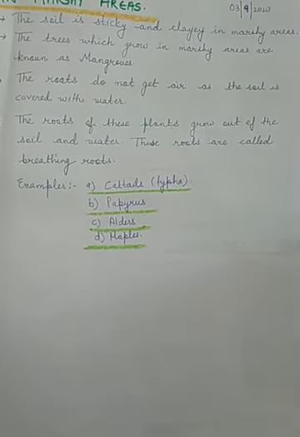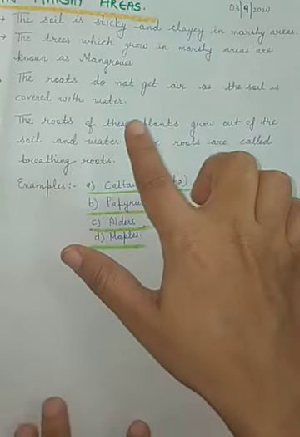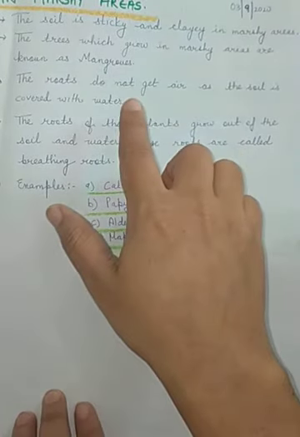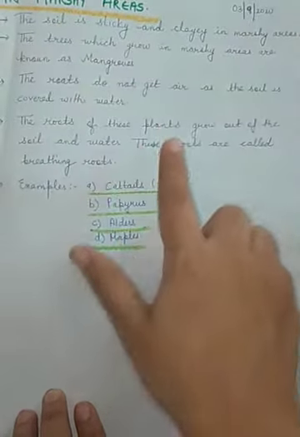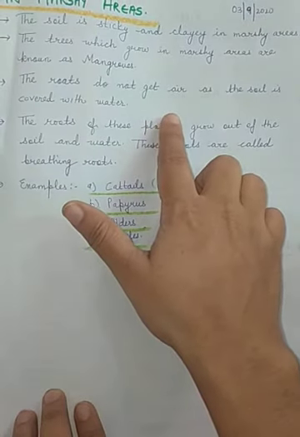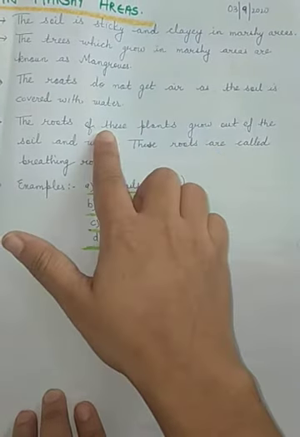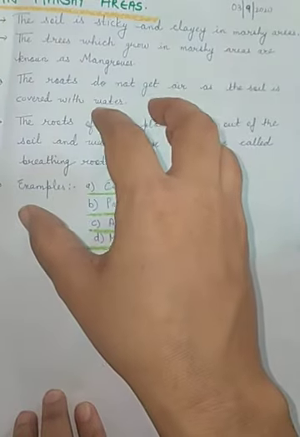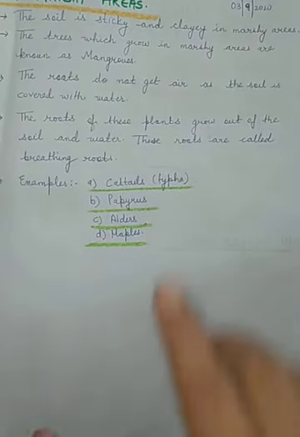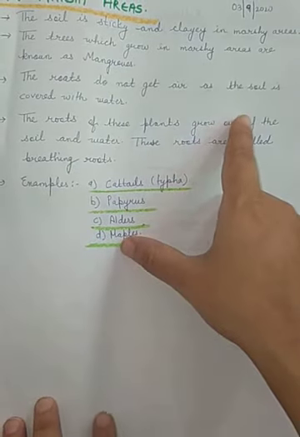The roots do not get air as the soil is covered with water. The roots of the plants or trees which grow in marshy areas do not get air, because the soil is covered with water, so they can't breathe properly.